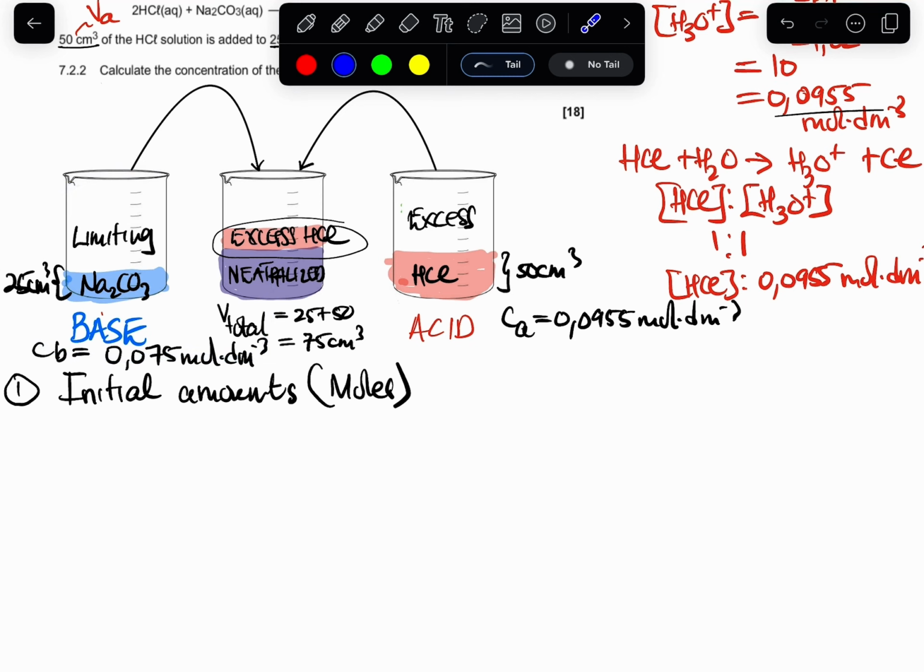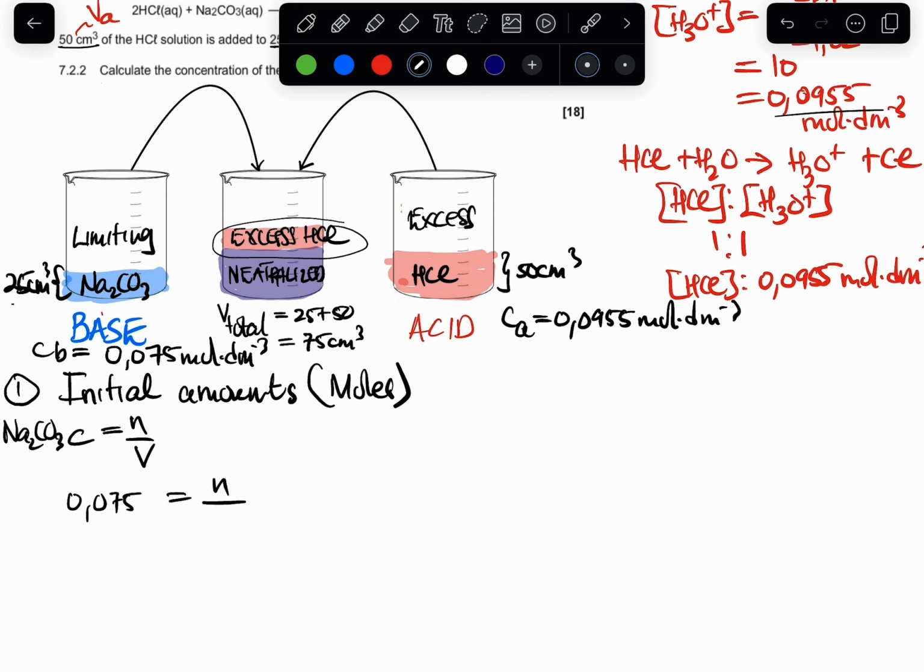From the formula that says C is equal to N over V, because we have the concentration and the volume, we want the number of moles. So substitute the concentration of sodium carbonate, 0.075, and we want the number of moles.